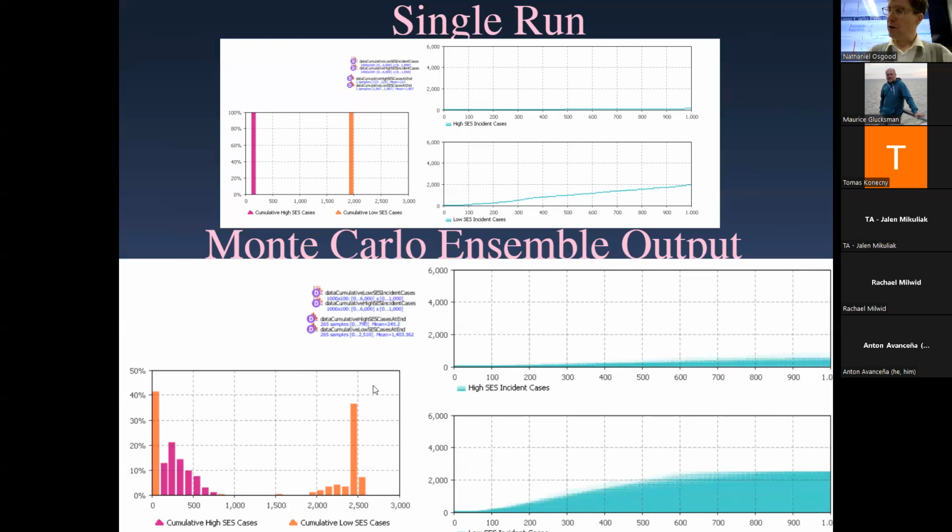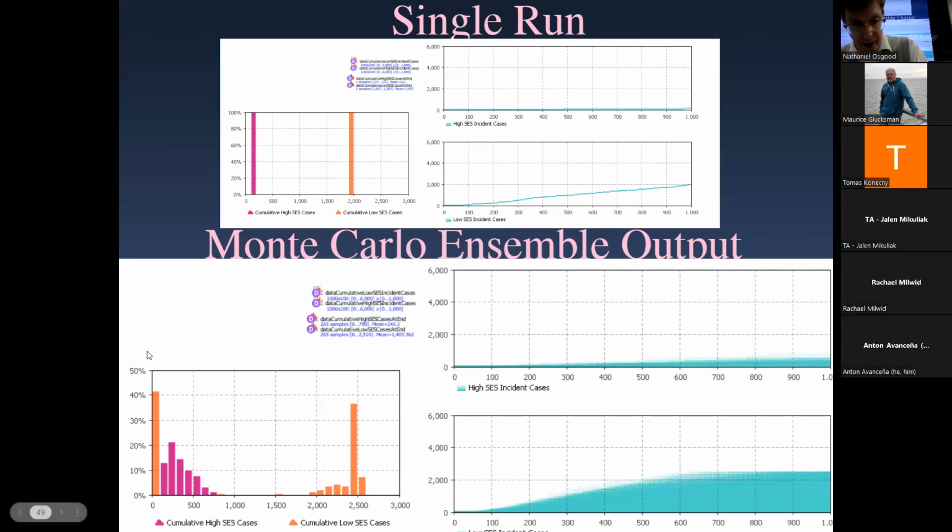But when you run the model again with the same assumptions, but different vagaries of stochastics, a different realization, as we say, we see different outcomes. And if we run it again and again, we'll get patterns that emerge across that ensemble of runs.